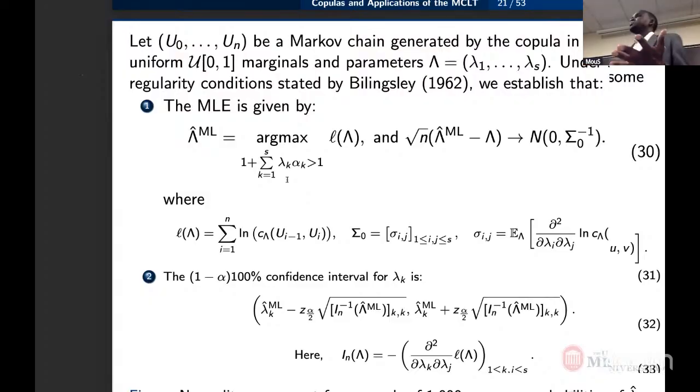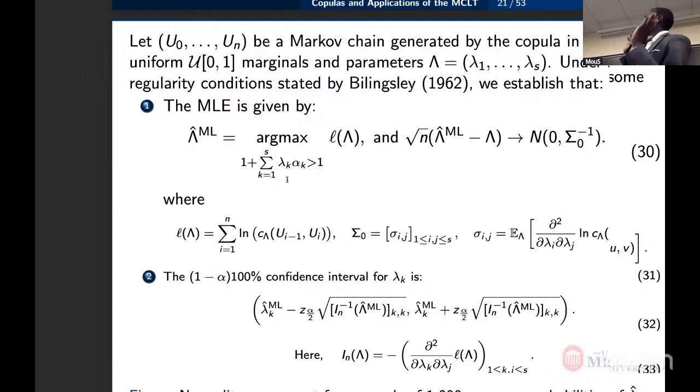Well, we already know that it is positive because it's the density of a copula, which we already proved previously. But to make sure that all the other properties of the MLE hold, the existence, the uniqueness and even the limit distribution, there are several regularity conditions established by Billingsley that we will not check here, but which you can find in the paper that is available online.